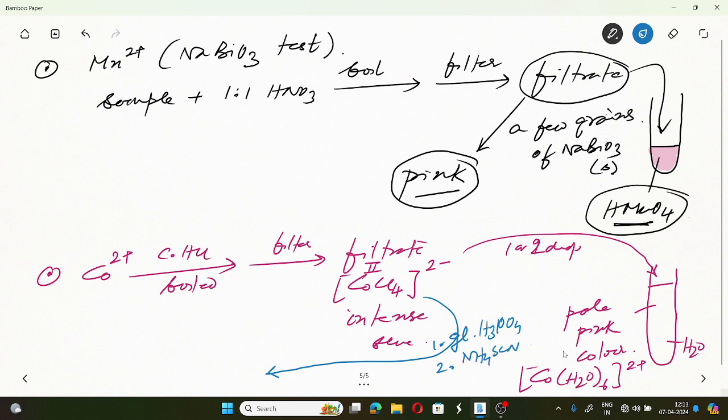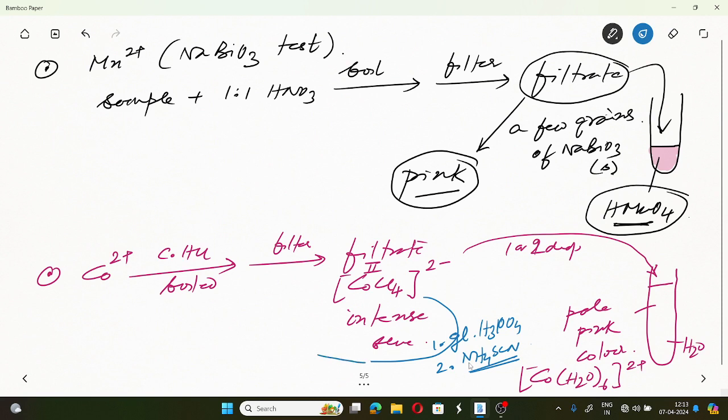We add glacial phosphoric acid to mask Fe3 plus. If Fe3 plus is present, it will also react with ammonium thiocyanate, isn't it? So to mask Fe3 plus, we add glacial phosphoric acid followed by ammonium thiocyanate.